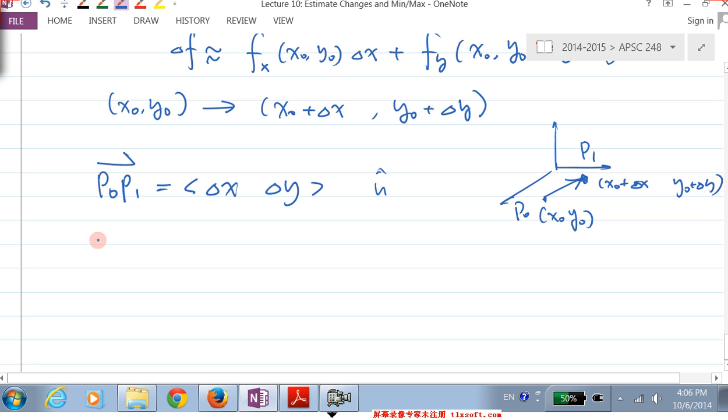If I use delta s to represent the distance traveled, technically, what are you going to do? You're going to use the coordinates of this, subtract this, square, plus the coordinates of this, subtract this, square, and then square root, right?